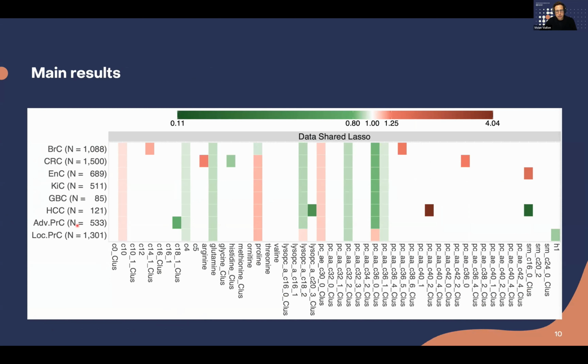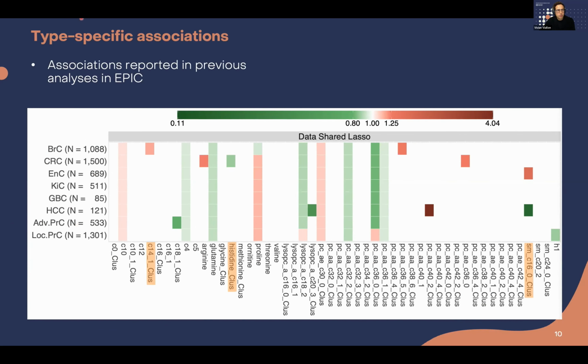So first, I won't discuss all these associations in detail, but we can focus on a few type-specific associations first. For example, here I highlighted a few type-specific associations that were consistent with previous findings from cancer-type-specific analyses in EPIC.